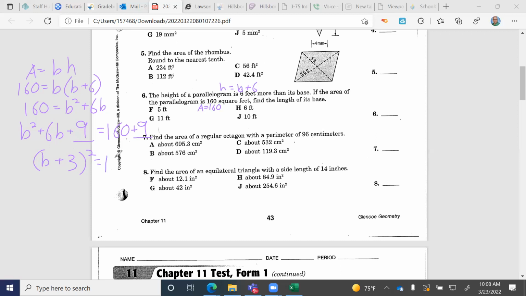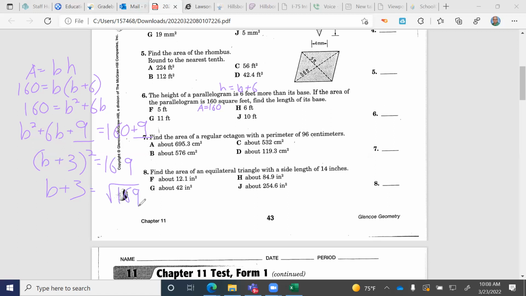On the other side, when we add those together, that actually gives us a perfect square. So in order to solve this problem, I can go ahead and get rid of that square by square rooting both sides. And I can now have b plus 3 equals the square root of 169.